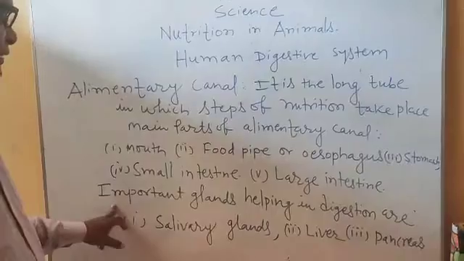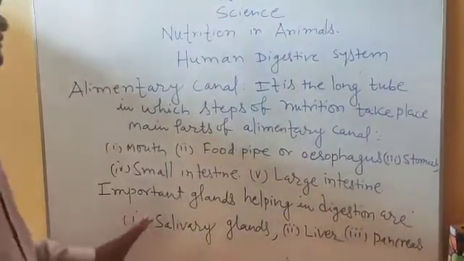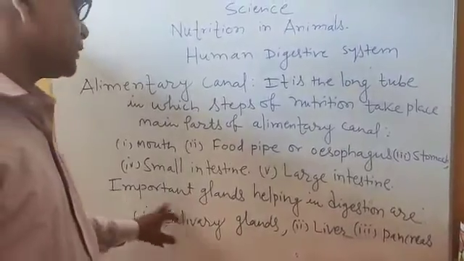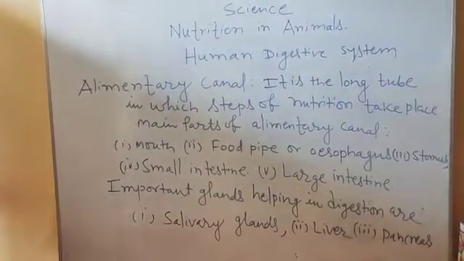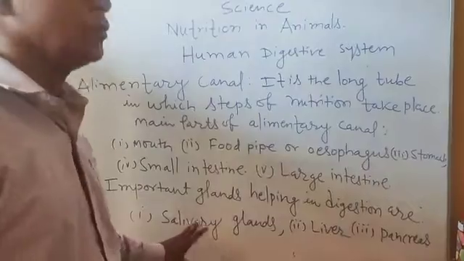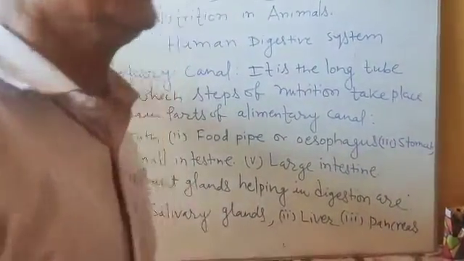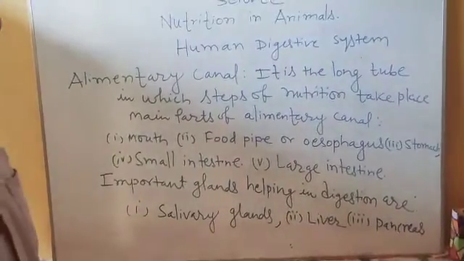So next one is important glands that help in digestion. The important glands that help in digestion are salivary glands, which are found in mouth, liver, and pancreas. You know, liver is the largest gland in human body.